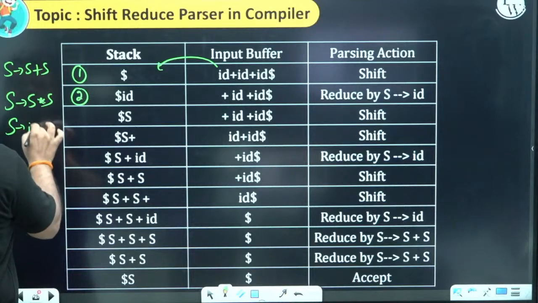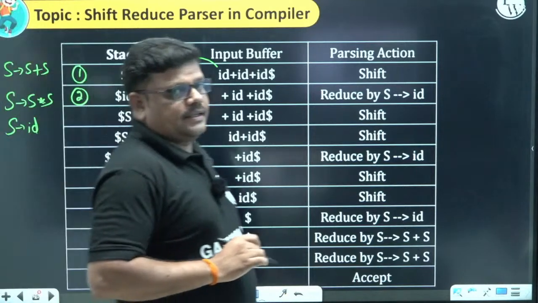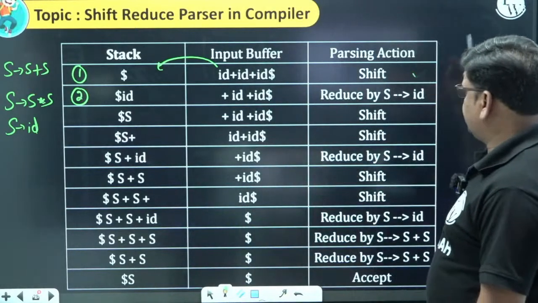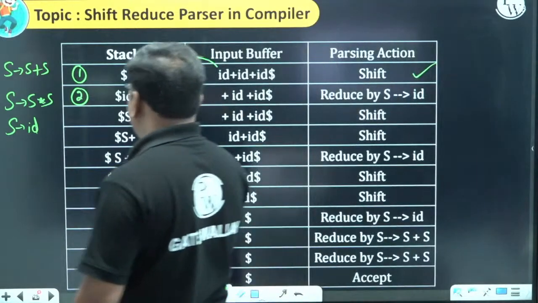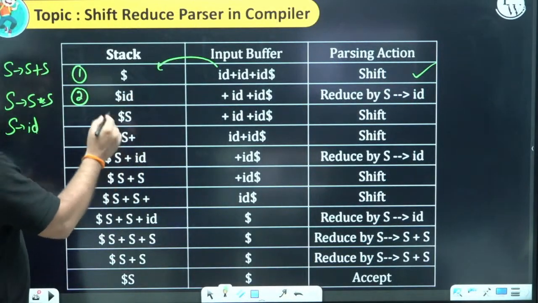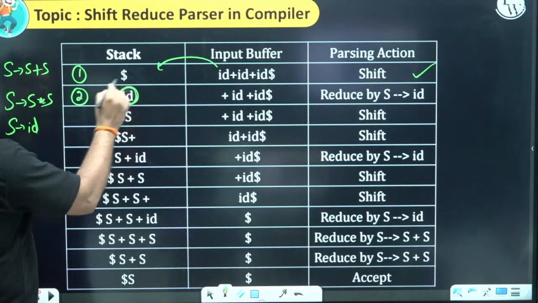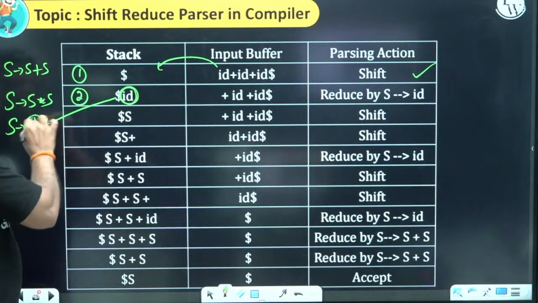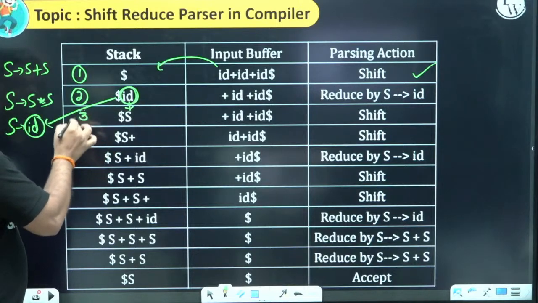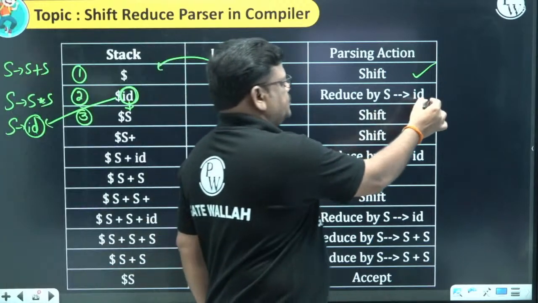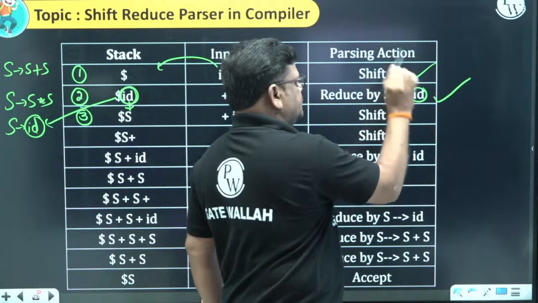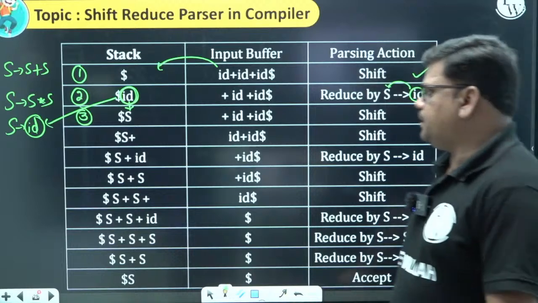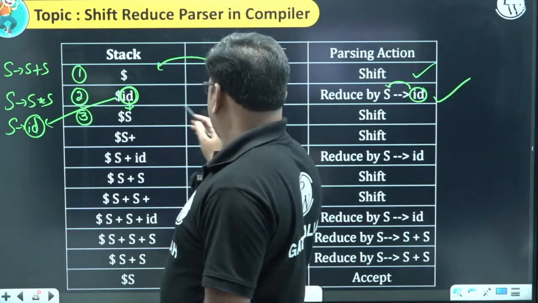In the second step, is there any handle? Yes, id matches here, with this production. It is replaced by S. That is reduce. In the third step, there is no handle, so perform shift.